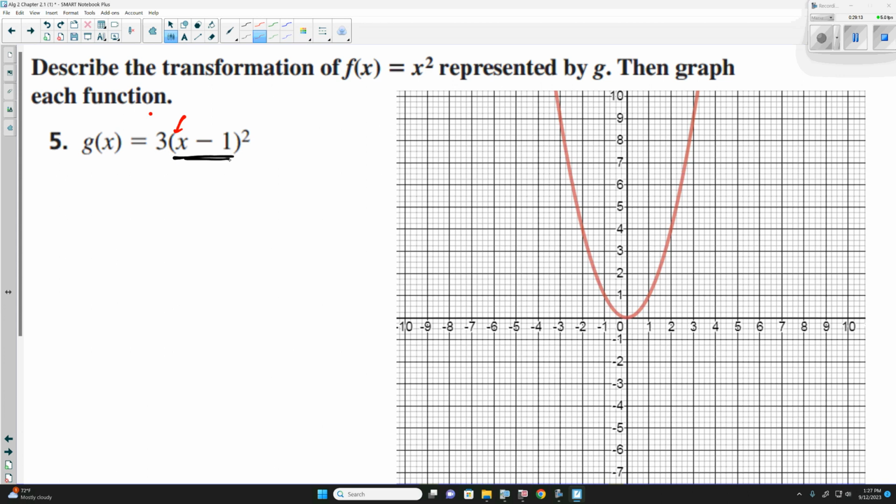What does the minus 1 inside tell us? Left, right, yes? It's going right. How far? Yes. Because we have the x minus 1 inside, telling us left, right, opposite of what we think, it is right 1.